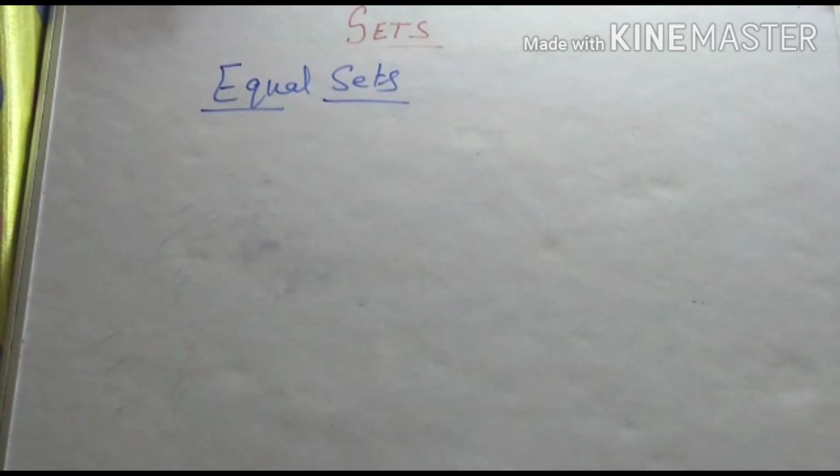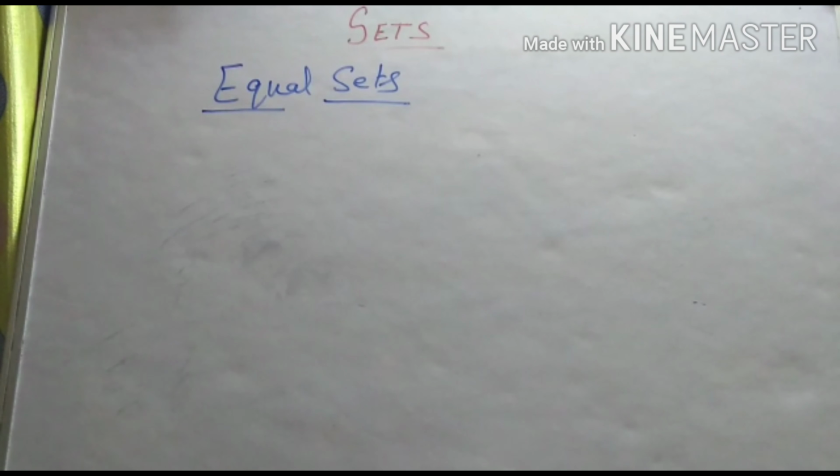Now, what are equal sets? If we have two sets A and B, and every element of A is also an element of B, and every element of B is also an element of A, then the sets A and B are said to be equal. It means if the sets have exactly the same elements, then these sets are called equal sets.